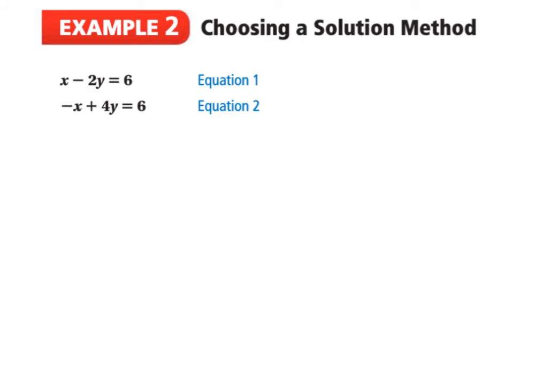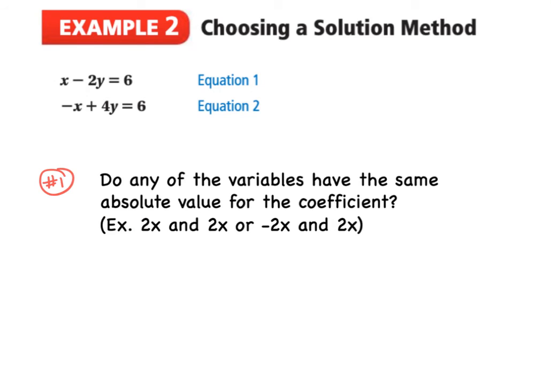So in this last example, we're just going to look at choosing a solution method. We want to ideally pick the best strategy to solve this one without doing more work than we have to. So our first train of thought is always: do any of the variables have the same absolute value for their coefficient? That could be 2x and 2x because they have the same number in front, or opposite signs, negative 2x and 2x.